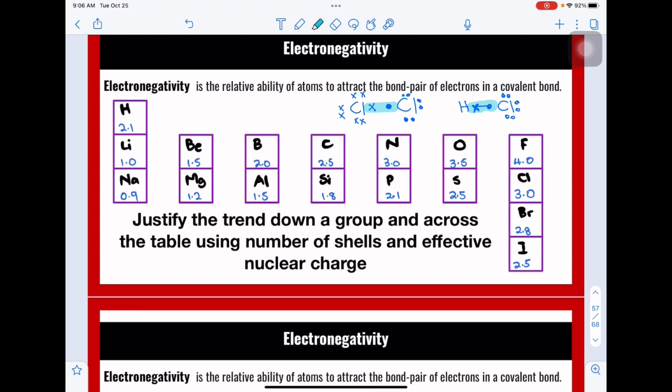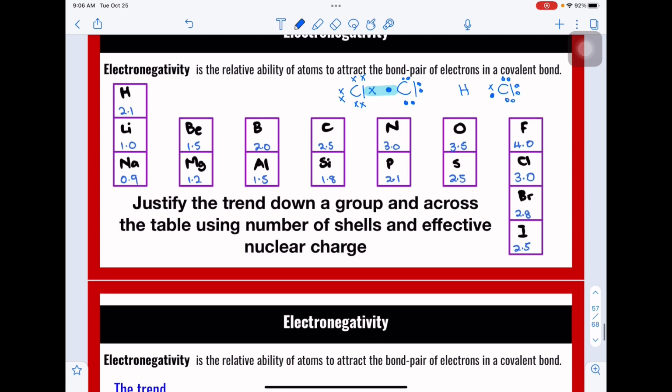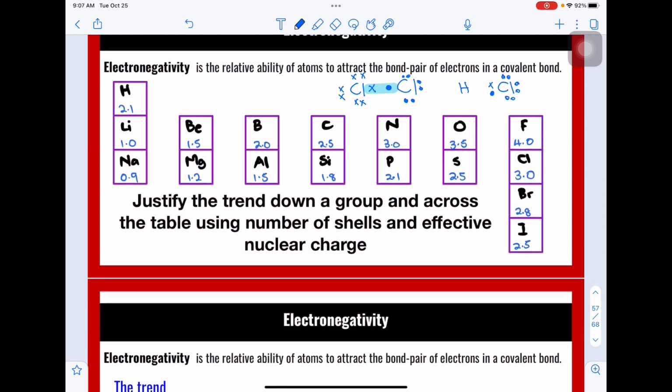So the property that explains this is called electronegativity. We say chlorine is more electronegative than hydrogen, which means that these electrons would rather, instead of spending 50-50 amount of time next to each of the 2 elements, spend time around chlorine. So chlorine attracts them to itself more than hydrogen attracts them. Okay, so we say chlorine is more electronegative.